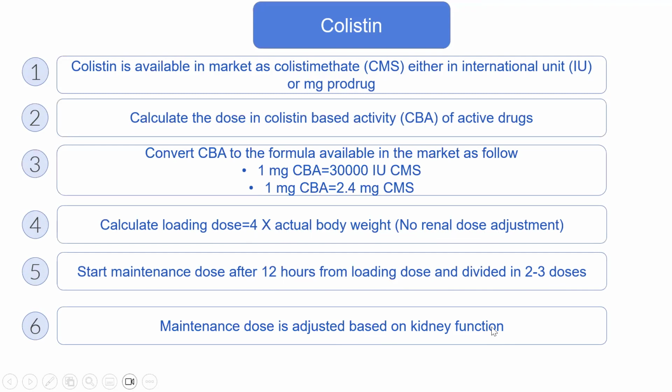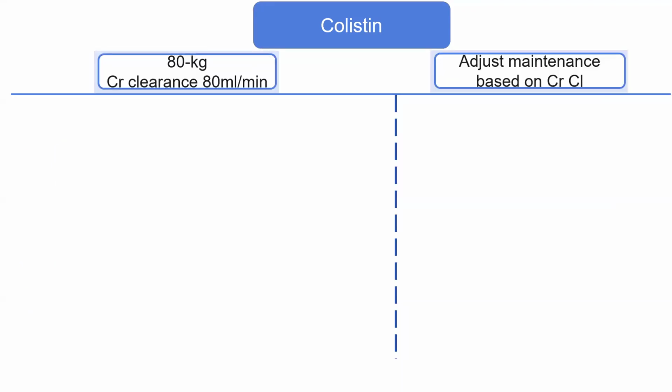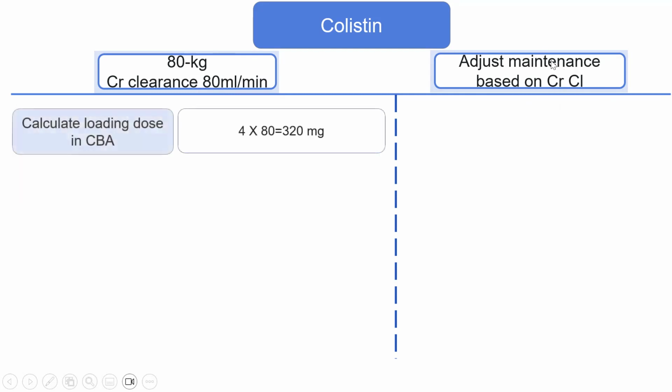Let us see a working example to know how we can do this in a real patient. We have a patient of 80 kilograms, with a creatinine clearance of 80 mL per minute. The adjustment is based on the creatinine clearance. First, we calculate the loading dose in CBA: 4 multiplied by 80, so this patient needs 320 milligrams of colistin-base activity.